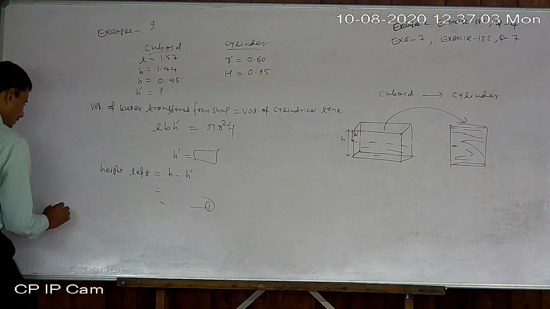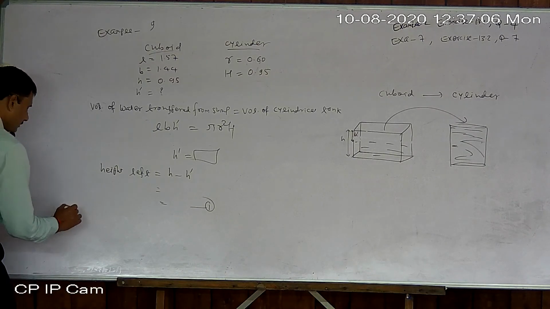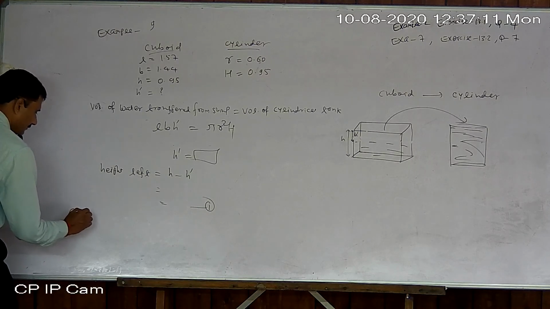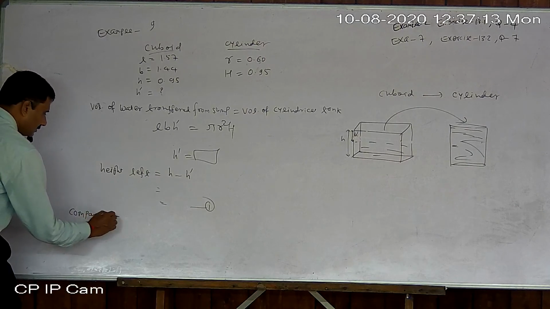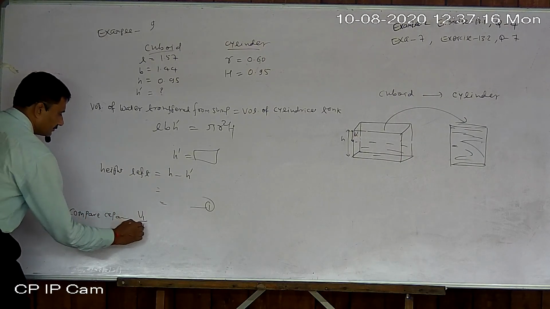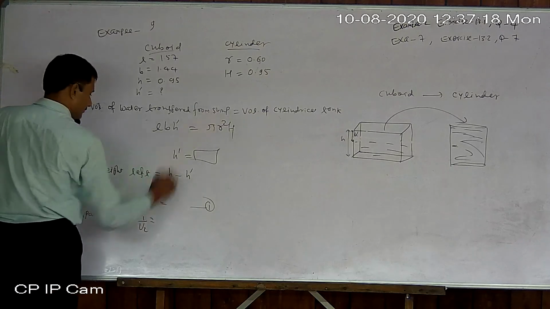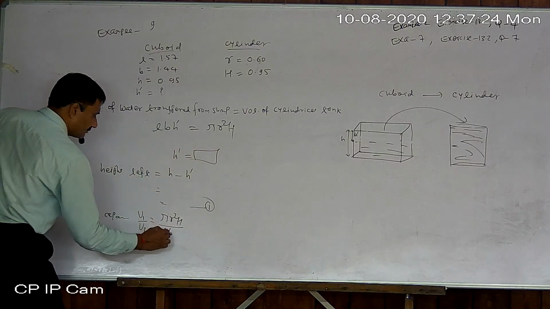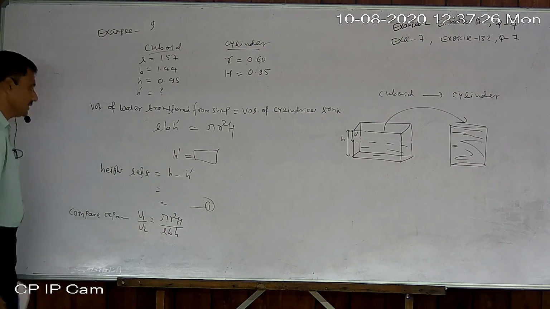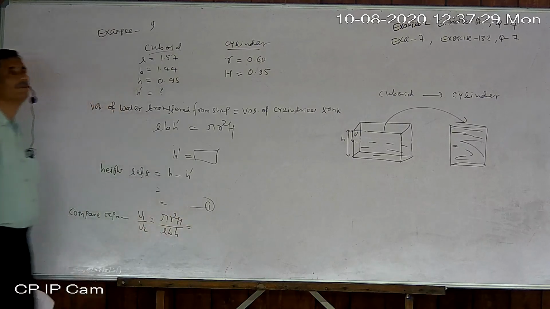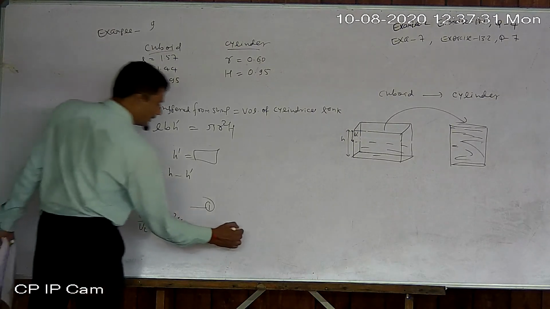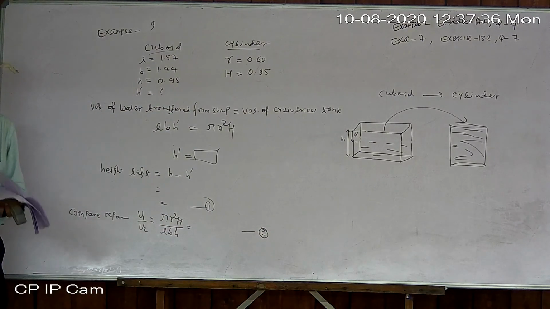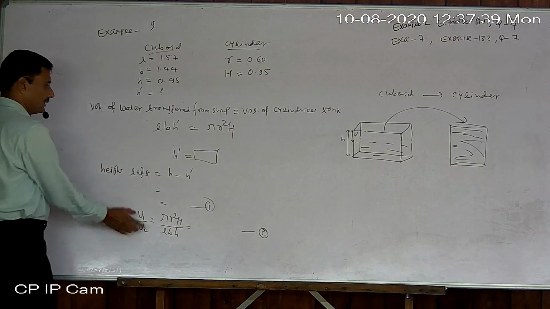So comparing capacity, V1 upon V2: for V1, pi r square is this part only, and this is LBH only, the whole quantity being compared. So it will be 1 by 2. You will get the second answer from here only.